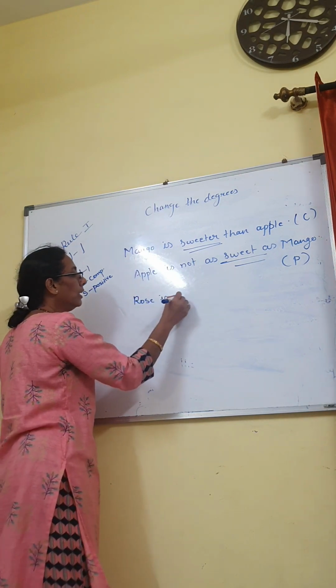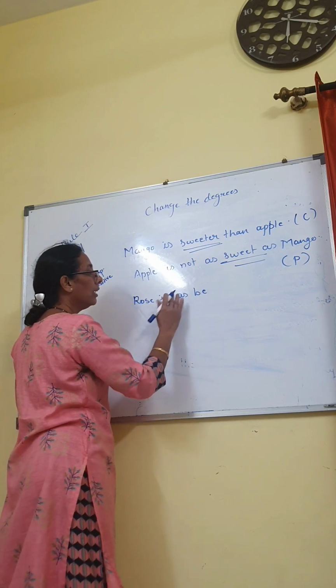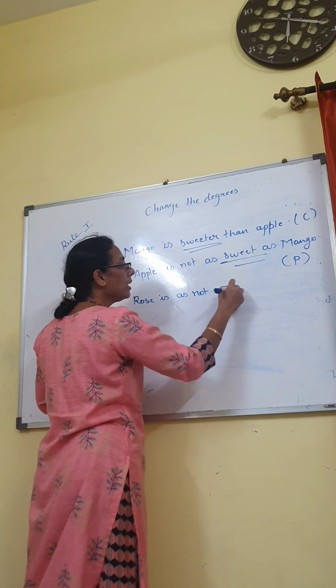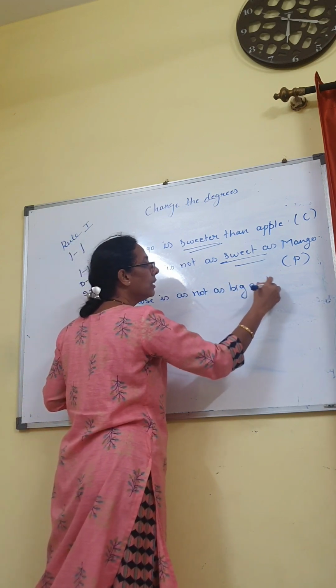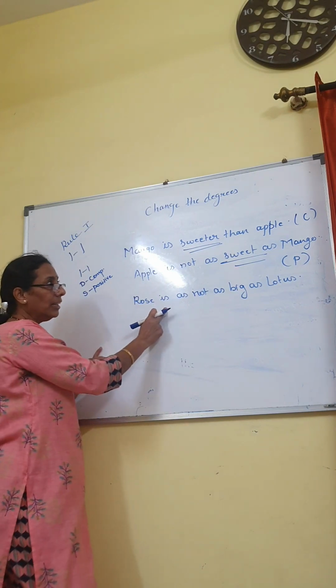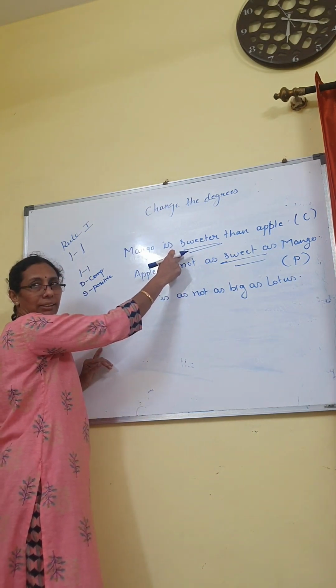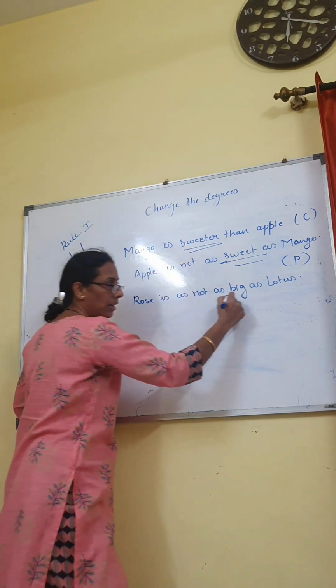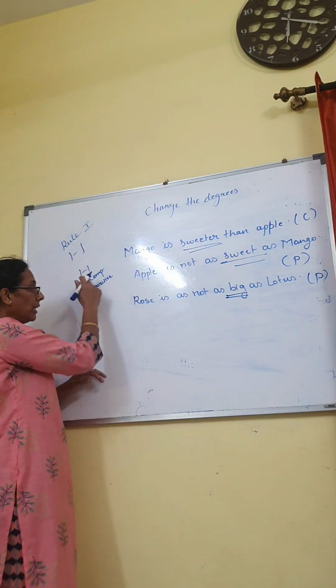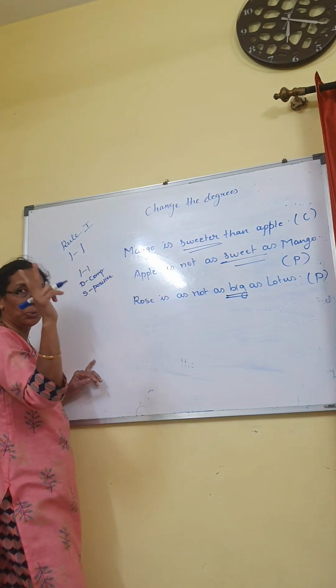Rose is not as big as lotus. Now here what have we seen? Here which degree was there? Positive. Correct. The degree is positive. How is the sentence? Negative. There is comparison between two flowers.